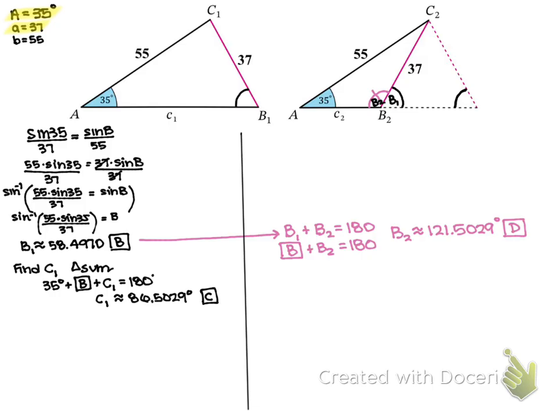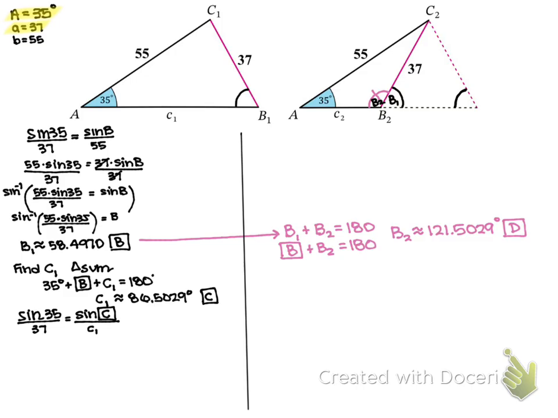Little a, little b, yes, we need to find little c. So use the complete ratio that was given to you. So the A ratio. So we know that's going to be sine of 35 over 37, sine of C, which I now know C, and then little c1. Okay, so I'm going to cross multiply.